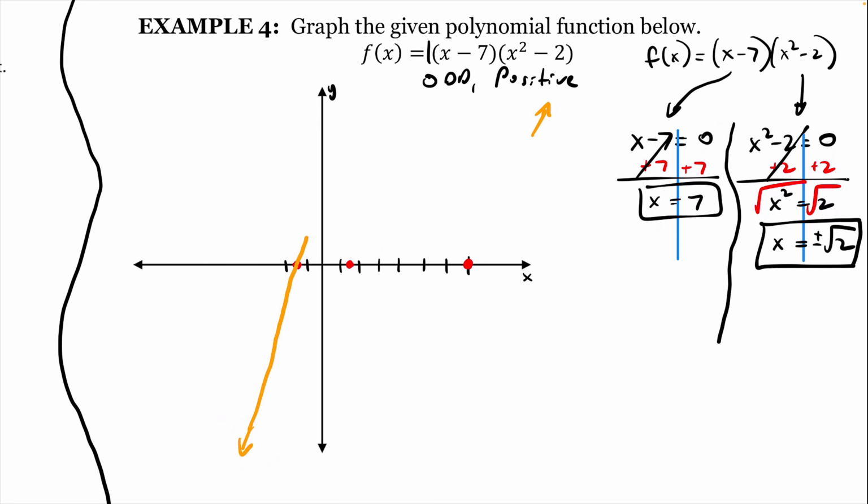Am I going to bounce or am I going to pass through positive square root of 2? Pass through again. The last dot, 7. Am I going to bounce or pass through? Pass through. So no bouncing this time. Done.